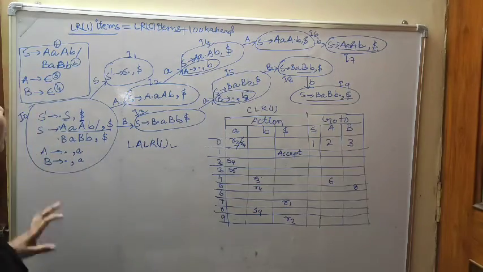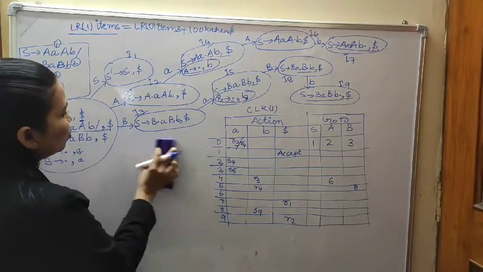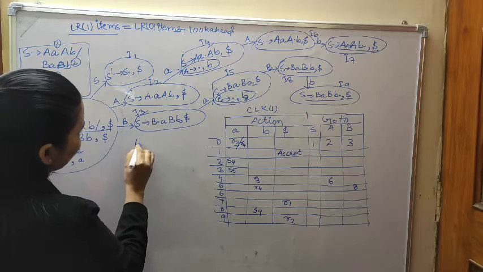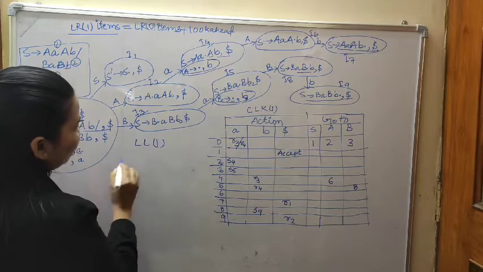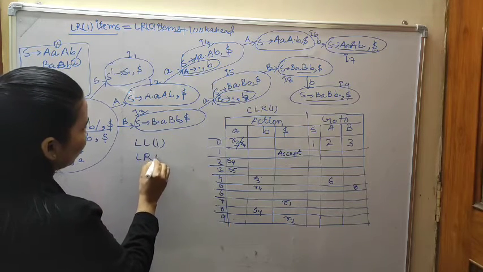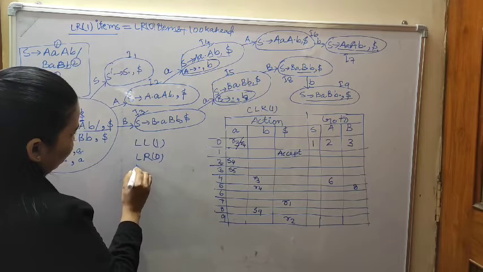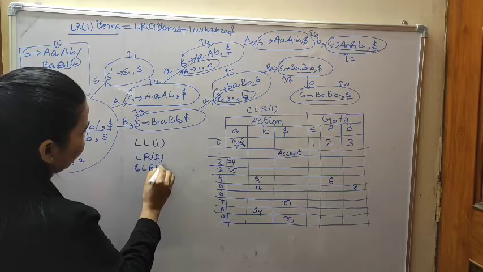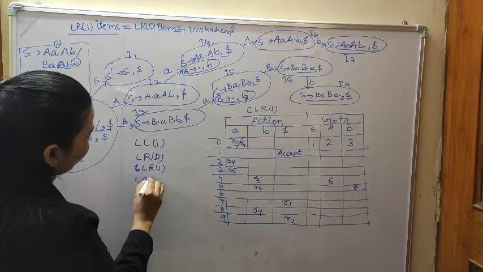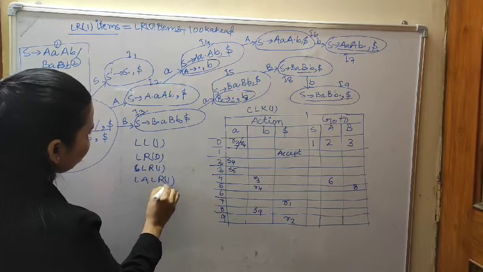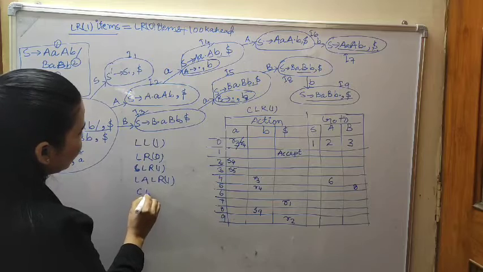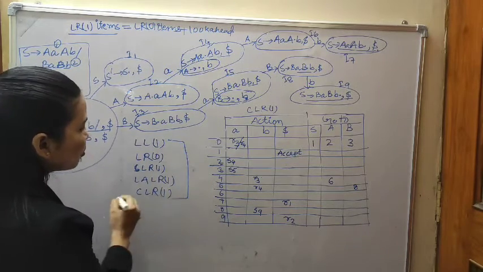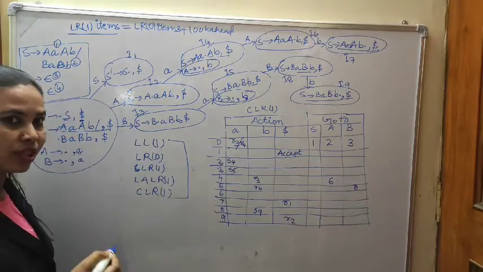And for every production rule, you will do one thing: you will check whether it is LR1 or not, then LR0 or not, then SLR1 or not, LALR1 or not, and CLR1 or not. For every production rule, you check these 5.